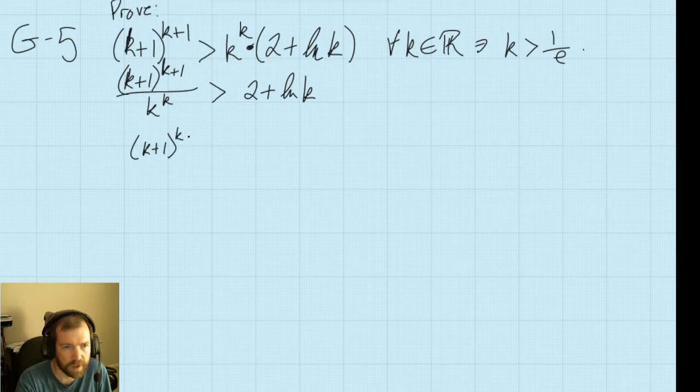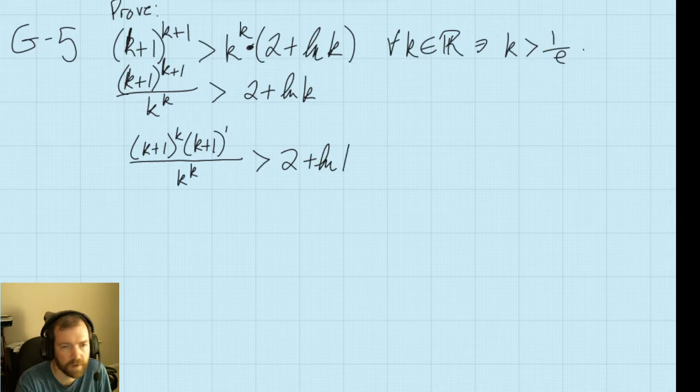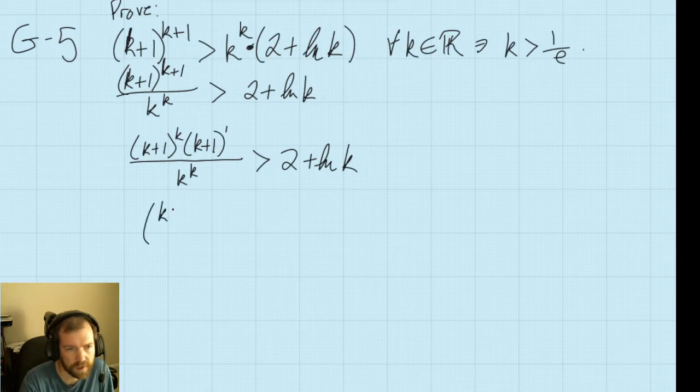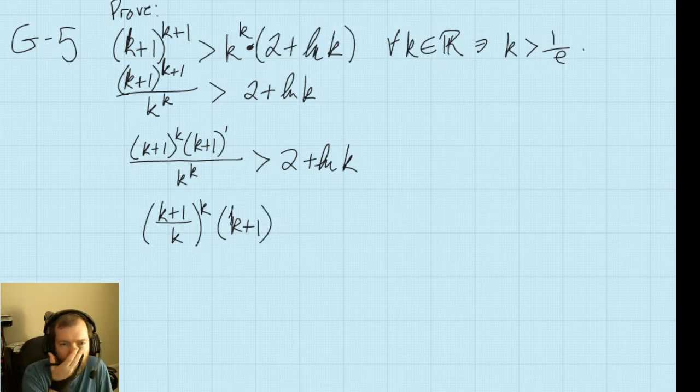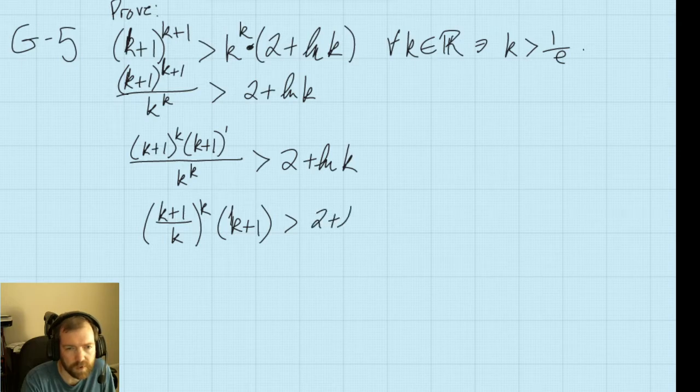So (k+1)^k multiplied by (k+1), and on the bottom you've got your k^k. This then can end up with ((k+1)/k)^k multiplied by (k+1), which is going to be greater than 2 plus natural log of k.